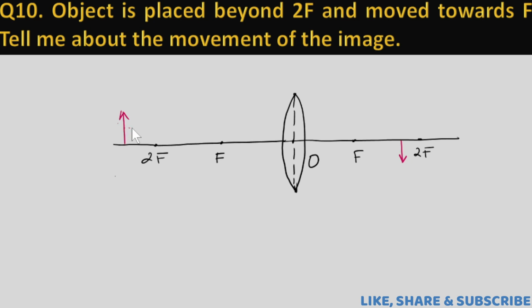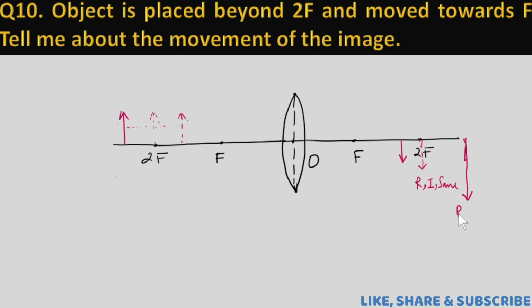When this object is moved towards a lens and placed at 2F, image is formed at 2F, and this image should be real, inverted, and the size of the image should be same as the size of the object. If the object is moved further closer towards the lens and lies between 2F and F, then the image is beyond 2F.